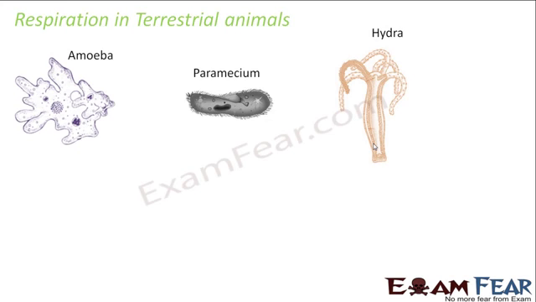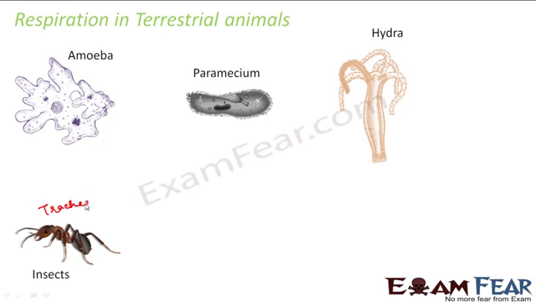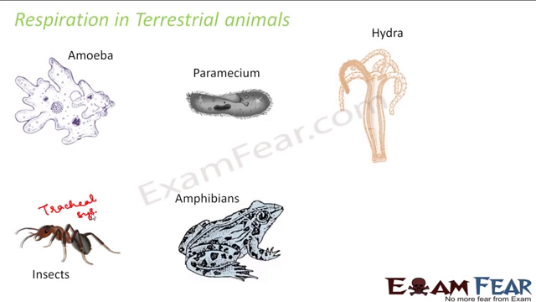Whereas some other organisms like insects have a tracheal system. What is tracheal system? It is basically a system of tubes. So some air tubes are present inside the body through which the respiration takes place. In case of amphibians, they have lungs as well as their skin.